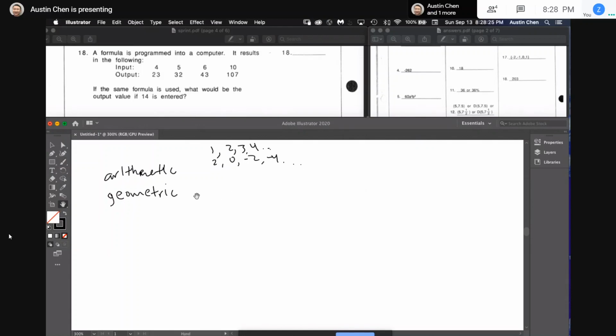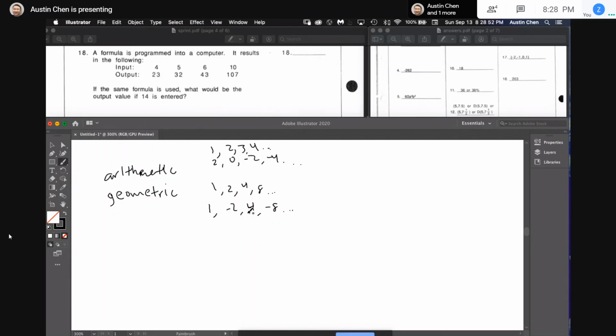And a geometric sequence is a sequence where you are multiplying by something every term. So that could be something like 1, 2, 4, 8, and so on. You're multiplying by 2, but it doesn't have to be multiplying by a positive number. It can also be multiplying by a negative number, where you have 1, -2, 4, and then -8. So that would be multiplying by -2 every term.